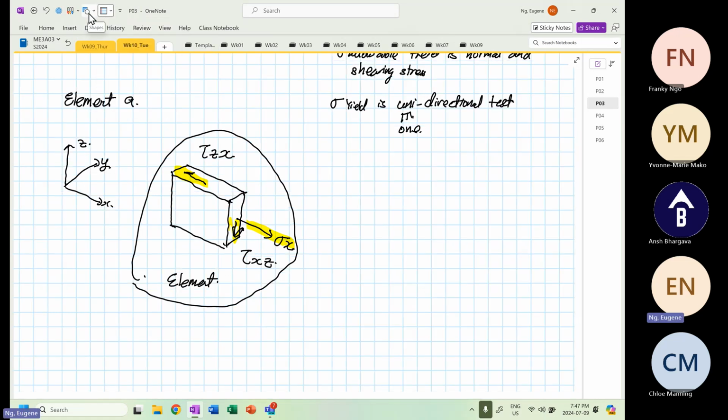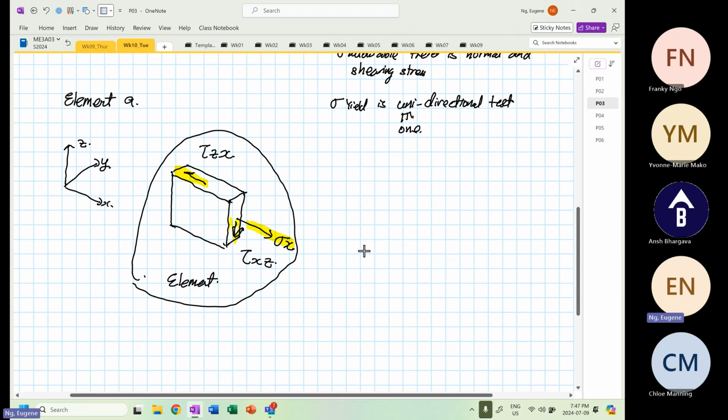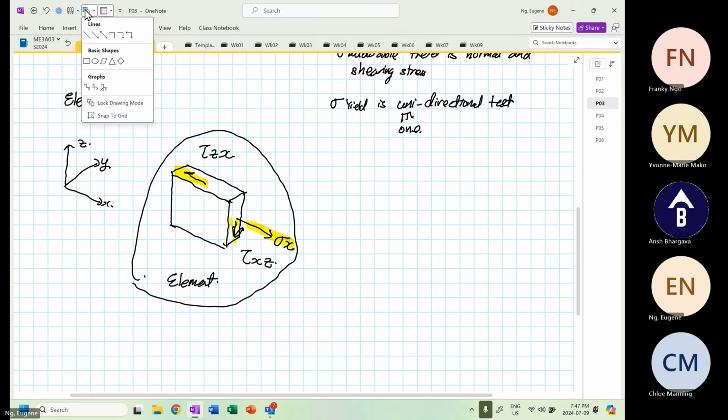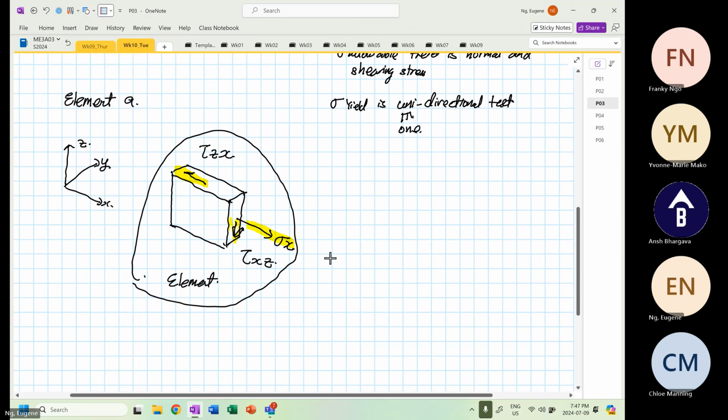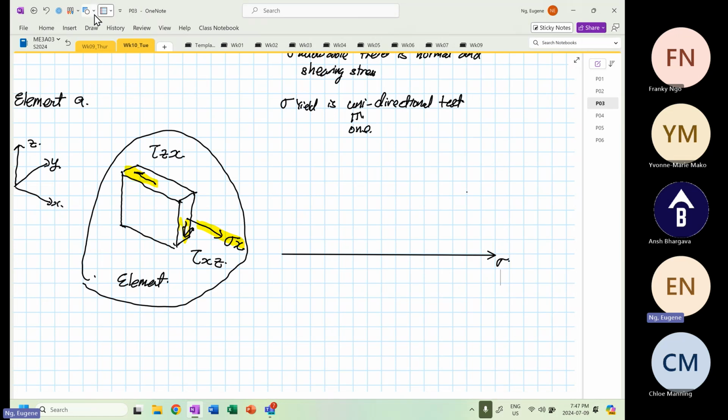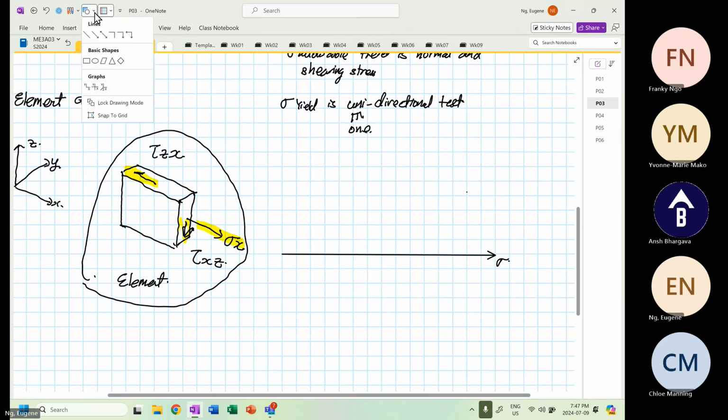I don't want to overwhelm any of you. So we have our axis over here. Right. So we have our normal stress, and then we have our shearing stress.